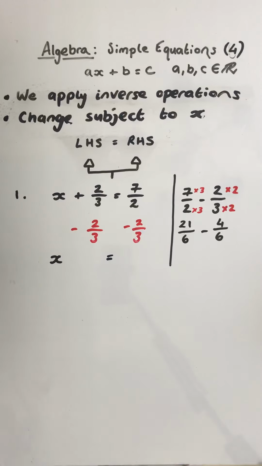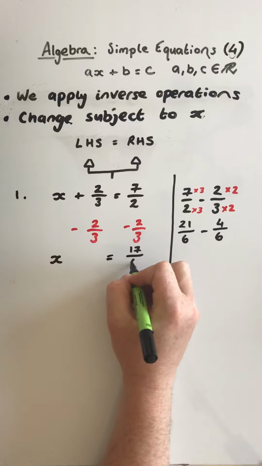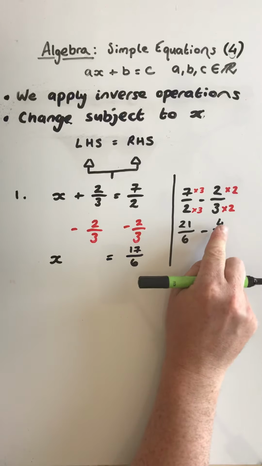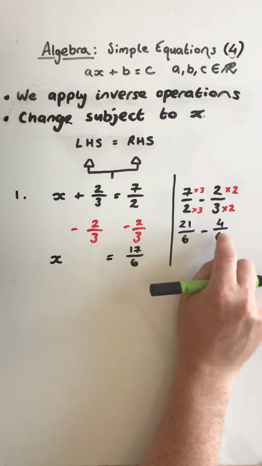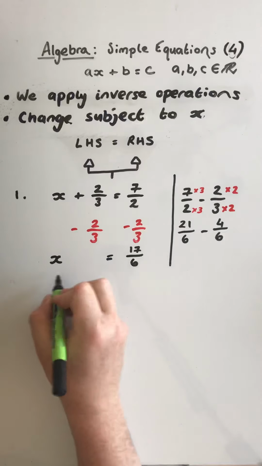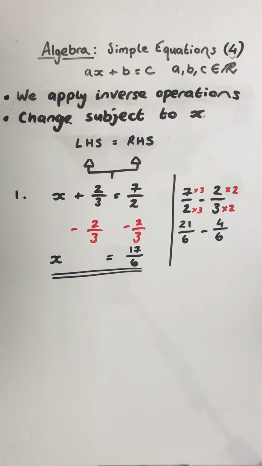This will be the methods that are used in the school that I teach in, which is Les Mehago High School. So 21 minus 4. 21 of the same thing minus 4 of the same thing. 21 minus 4 is 17. So x equals 17 sixths.